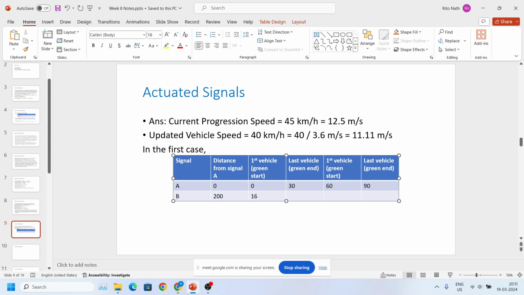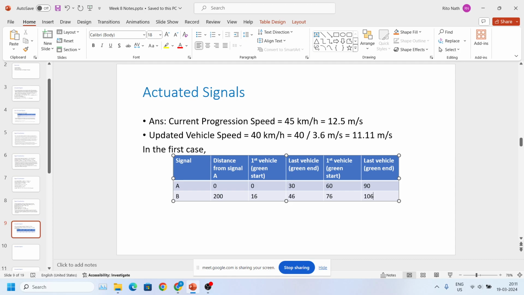Then for the next one, again you have this 30 seconds gap, so this is 46, then this will be 76 and this will be 106. The next ones are repeated like that.